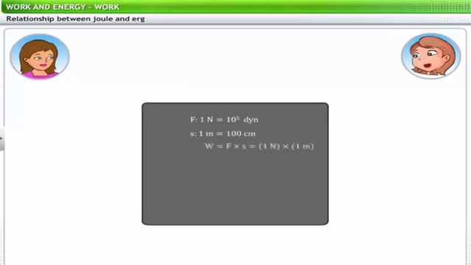Thus, the work of 1 joule is equal to the product of 10^5 dyne and 100 centimeters. This is equal to 10^7 dyne centimeters, as 1 dyne centimeter is equal to 1 erg. We get 1 joule is equal to 10^7 erg.